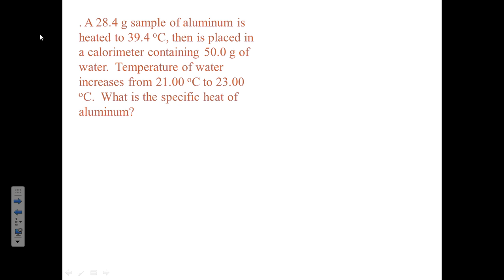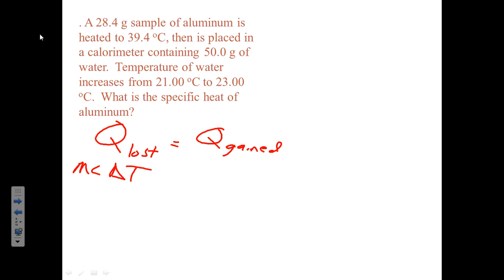So to work a problem like that, this is where we start. We're going to say heat lost is equal to heat gained. Now, to calculate the amount of heat lost by the metal, we can use mcΔT for the metal. To calculate the heat gained by the water, we can use mcΔT for the water.